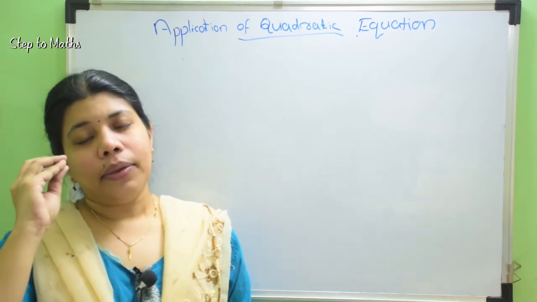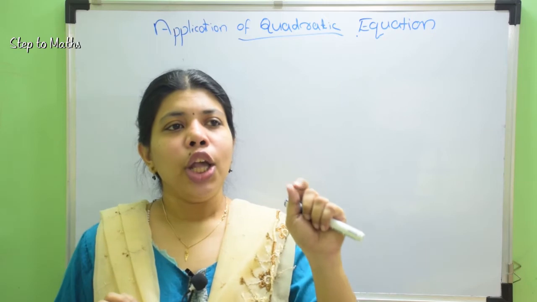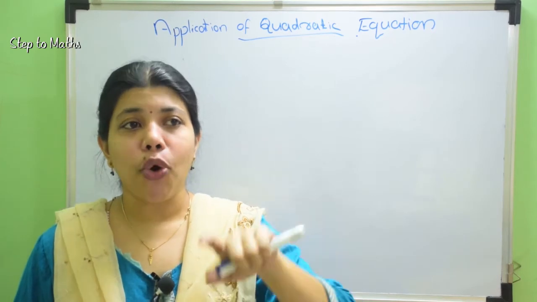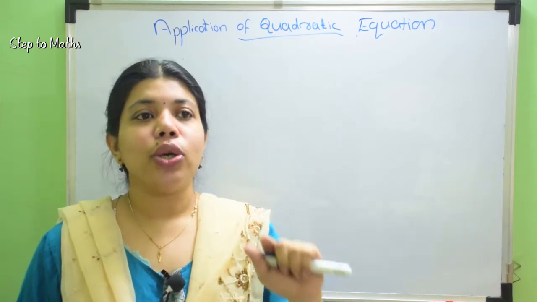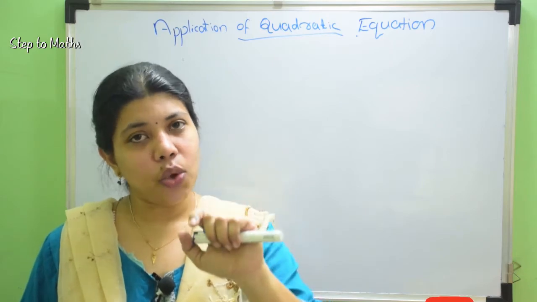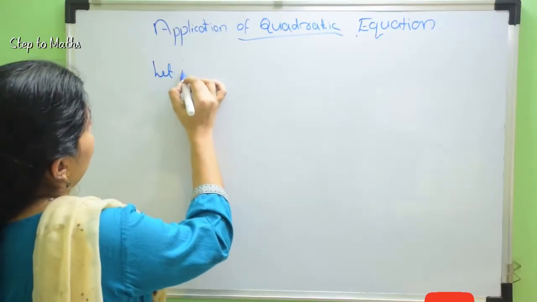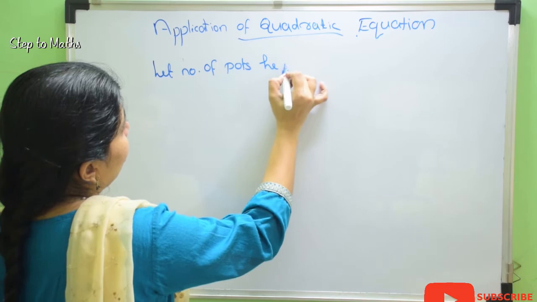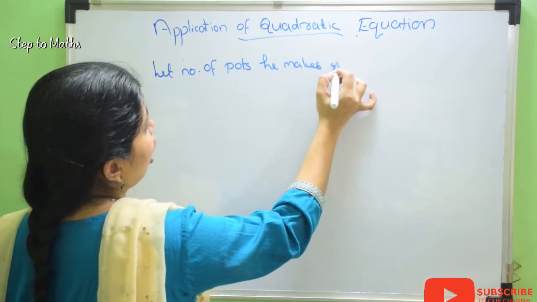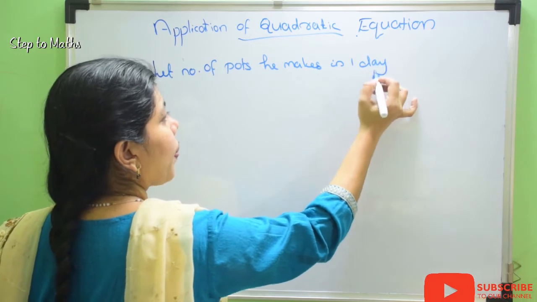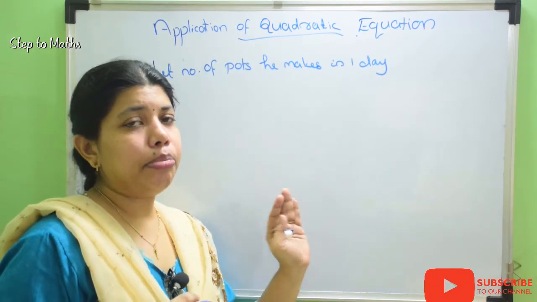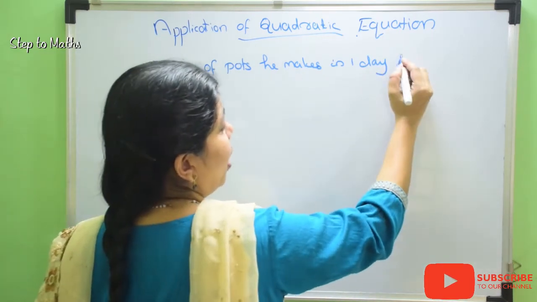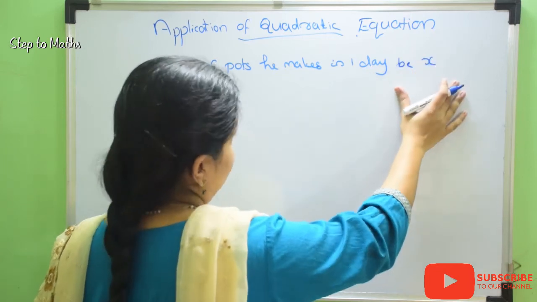Okay. The condition is given: the production cost of each pot is rupees 40 more than 10 times the total number of pots he makes in one day. Let the number of pots he makes in one day be x.